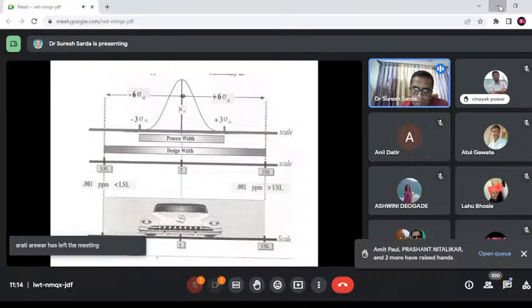And these are all internal customers. After production, it goes to heat treatment. After heat treatment, it goes to assembly. So these are all internal customers. Unless and until you do your task in a better manner, the next customer can't do it.